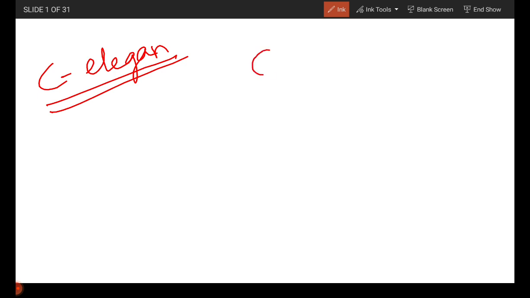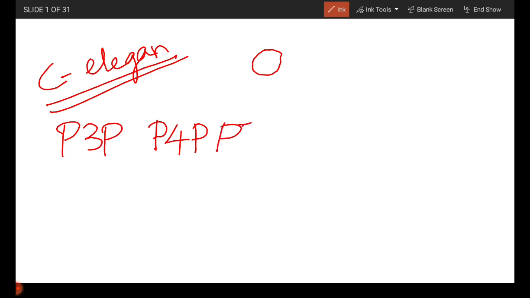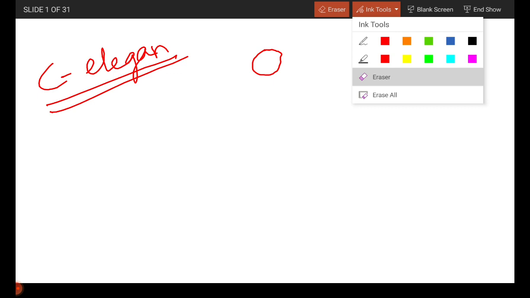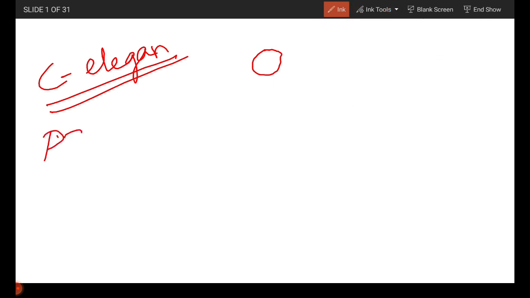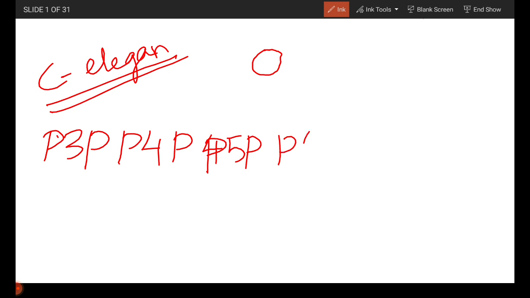We have an anchor cell. We have other cells, vulval precursor cells: P3.p, P4.p, P5.p, P6.p, P7.p, P8.p.